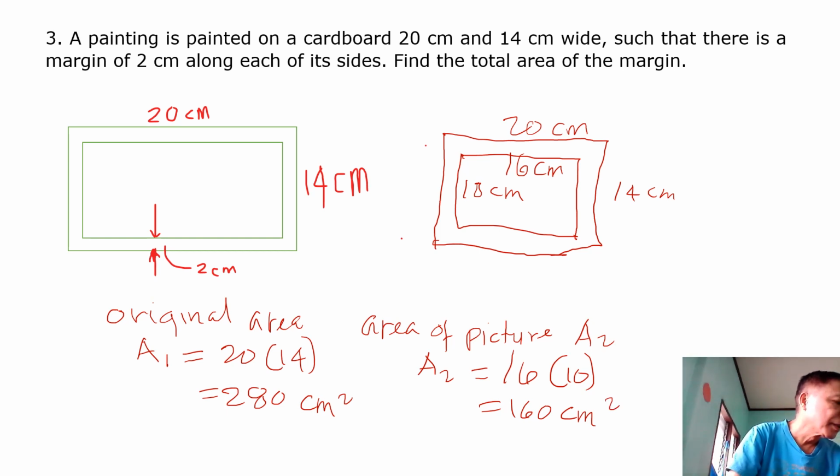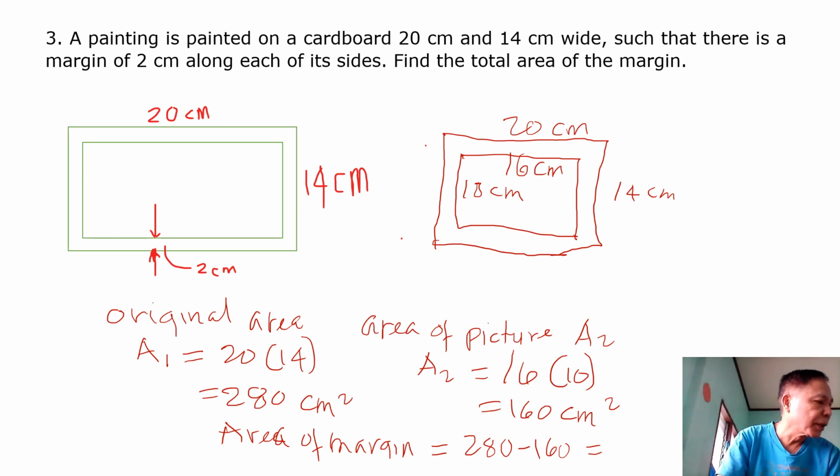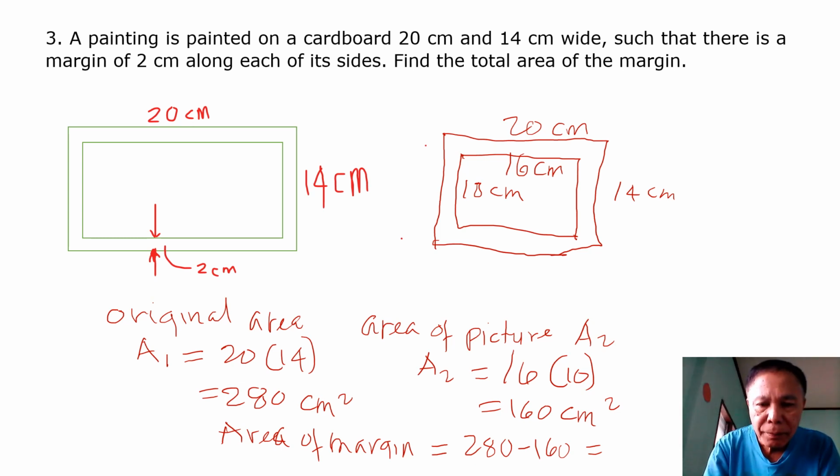So the total area of the margin should be equivalent to 280 minus 160, equivalent to 120 centimeters squared.